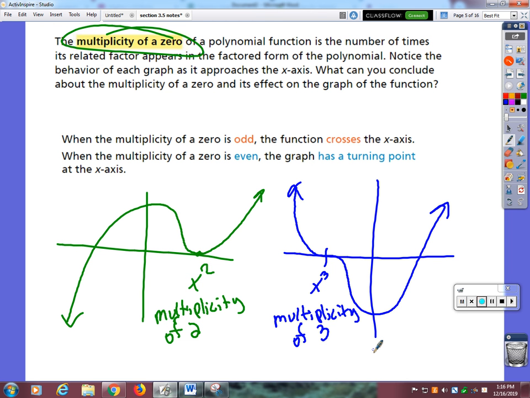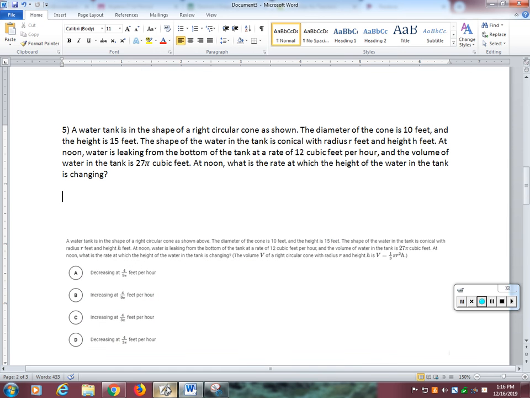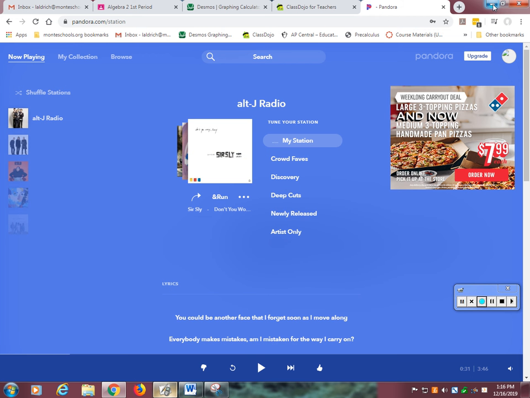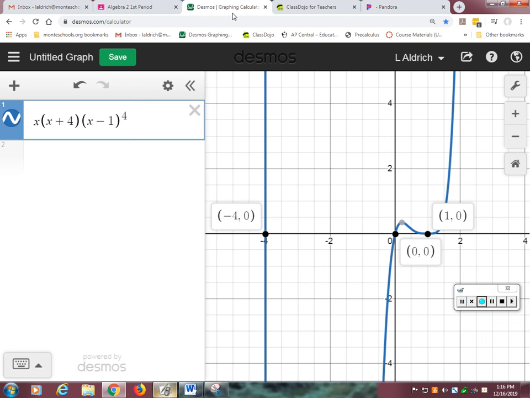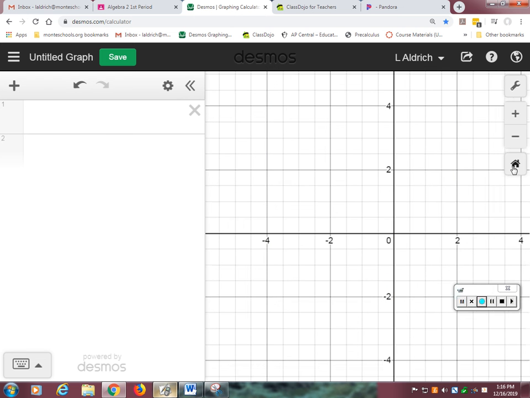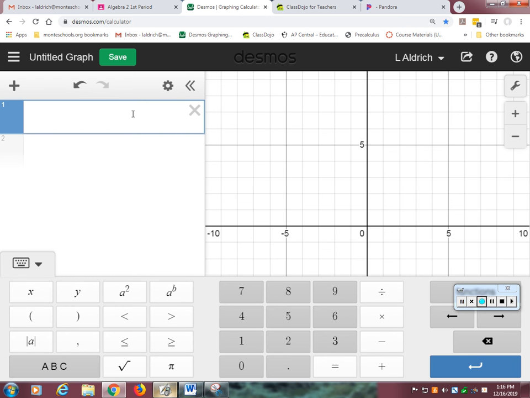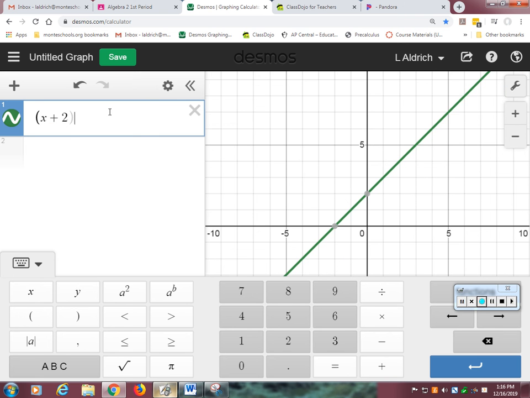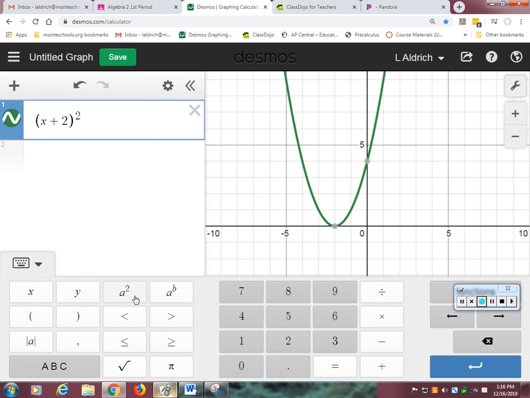Yeah, absolutely. So I can take this and I can make this as funny as I want it to be. So if I go x plus 2 squared, then you can see that it just hits right there and bounces off, right?